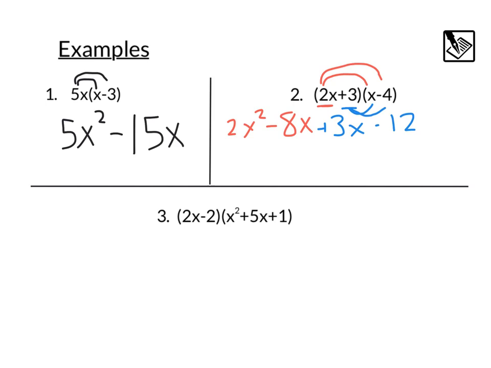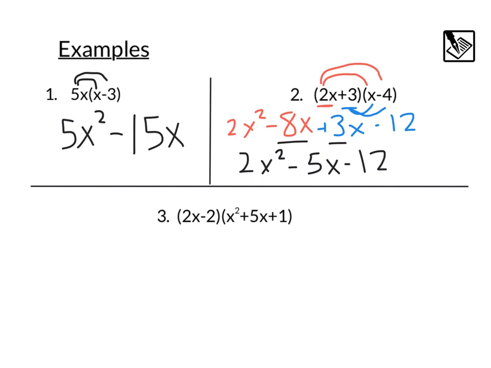It looks like we can combine these like terms, the negative 8x and the 3x. That would give us a final answer of 2x squared, negative 8 plus 3 is going to be a negative 5x, and then we've got that minus 12. And this would be our sum of 2x plus 3 times x minus 4, multiplying each term in the first by each term in the second.